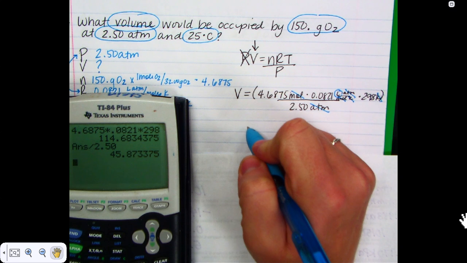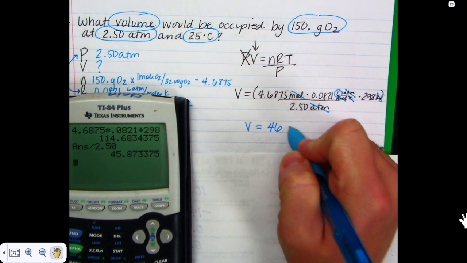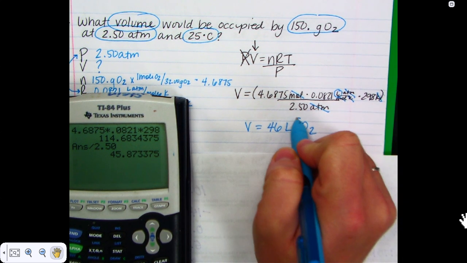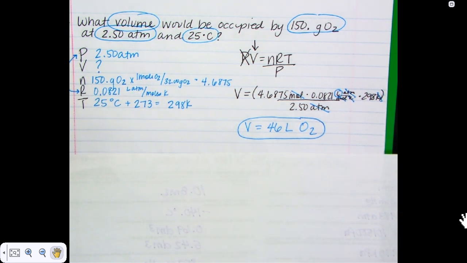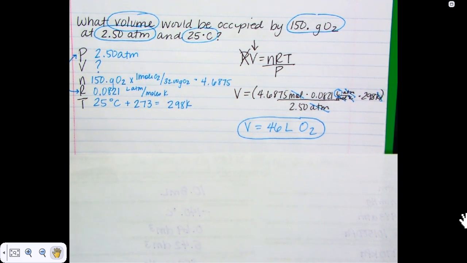And so volume is going to be equal to 2 sig figs, 46 liters. And I do have a substance here, so I'm going to fill in the substance O2. All right. It's plug and chug math. The math itself is not hard. You just have to make sure you're making the appropriate conversions first.